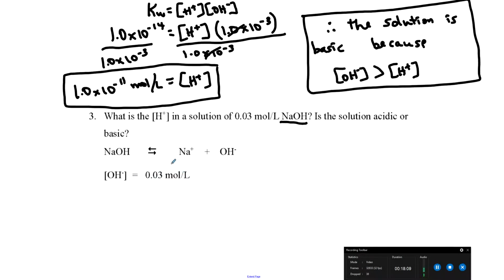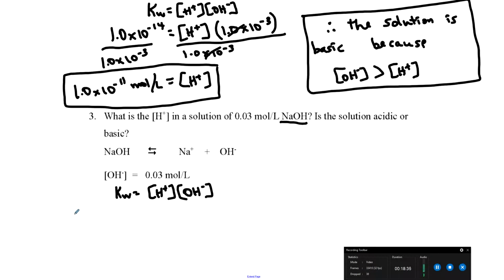So we can use that value in our Kw expression. Okay, so I'm going to put Kw equals H plus ion concentration times OH negative. And we're going to use this value for our OH negative ion concentration because we know it's got to be the same as that concentration.